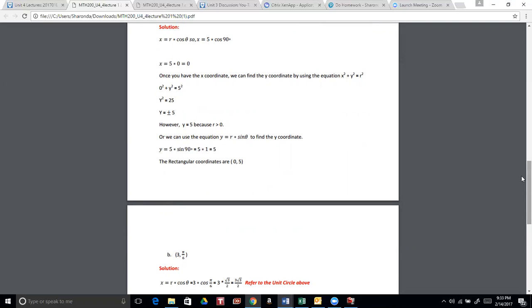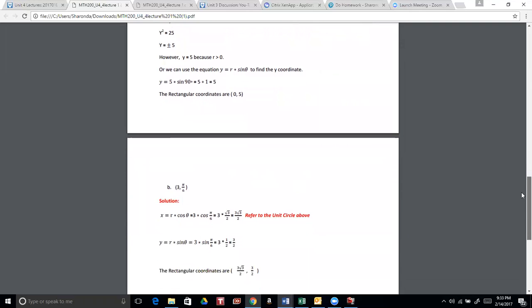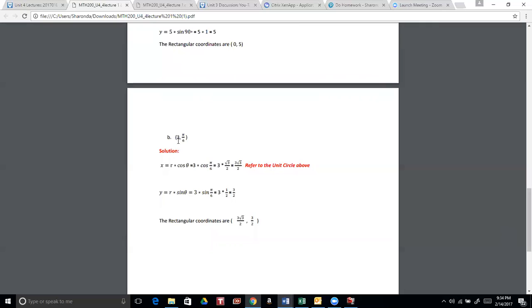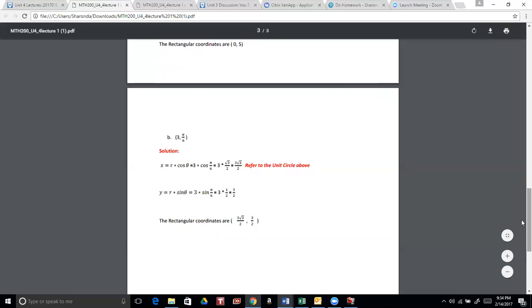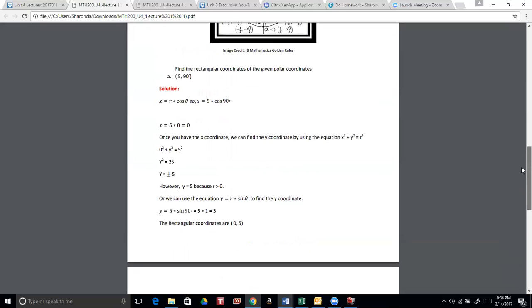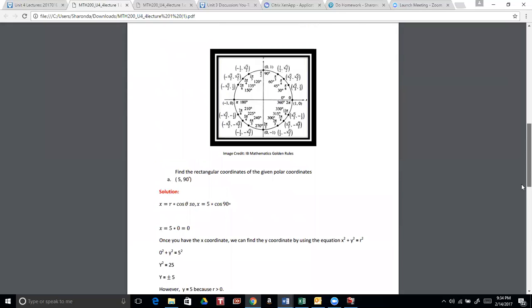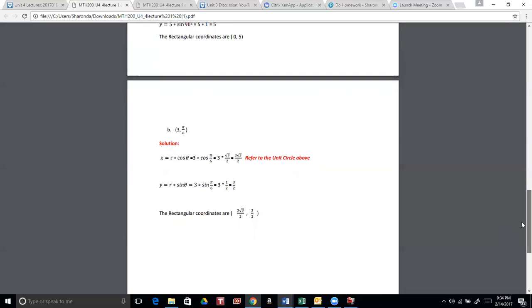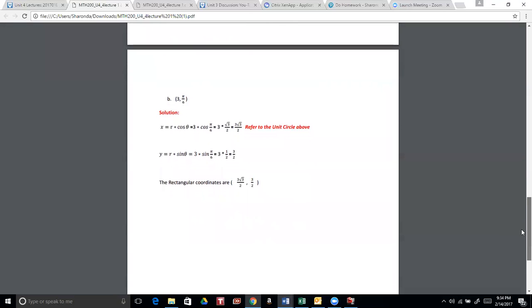Very good. Same thing with part B. We're given the radius, and this time we're given the radian form. When given the radian form, we can still use the unit circle. Make sure you look at the examples for how to do the radian form.